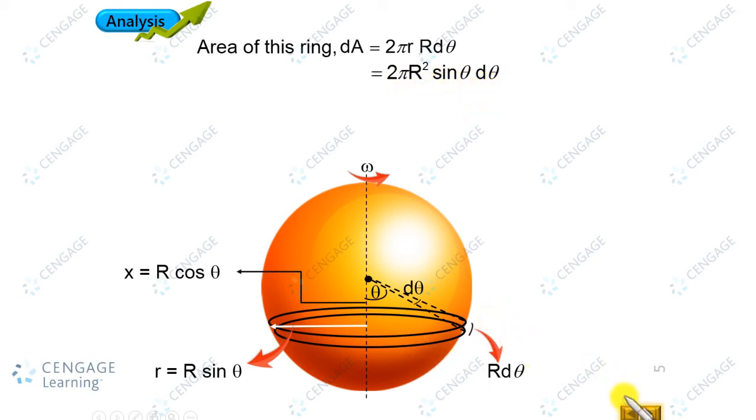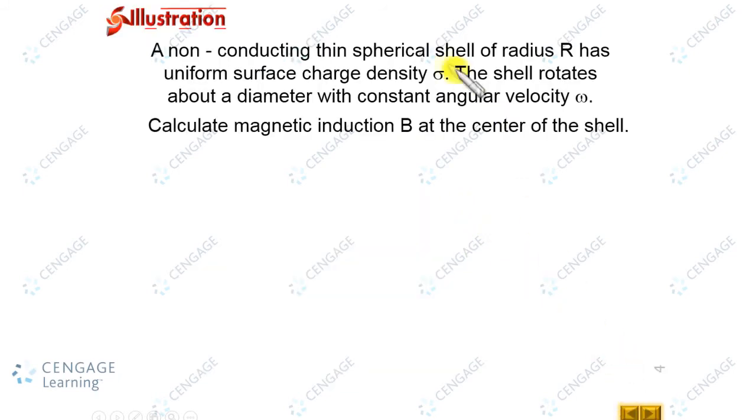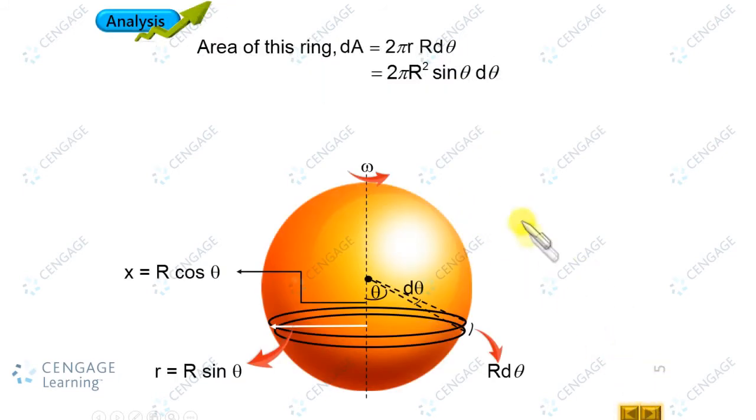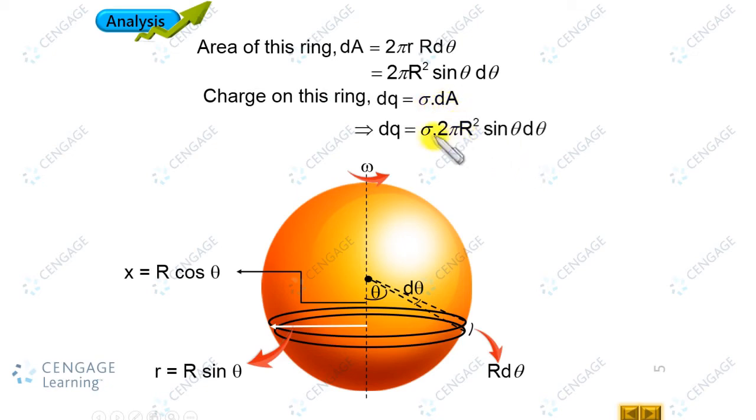Now charge is uniformly distributed on the surface. That means the charge on this ring should be equal to the charge density, that is sigma, multiplied by the area of this ring, that is 2 pi R square sin theta d theta. So dq can be written as sigma multiplied by dA, and this is equal to sigma 2 pi R square sin theta d theta.